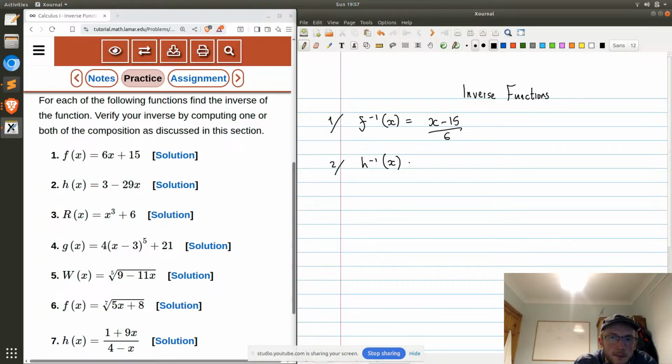For this one, 3 minus x over 29. And for this one, cube root of x minus 6.